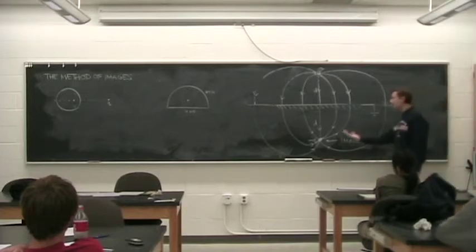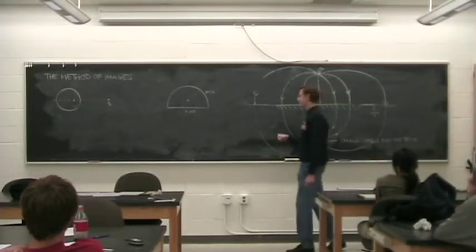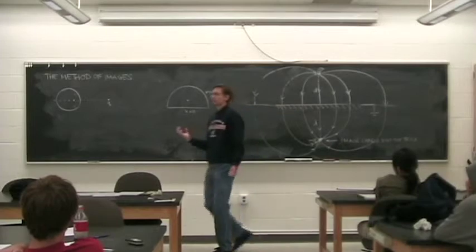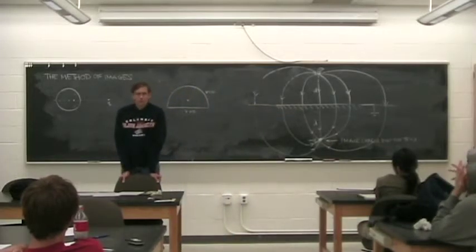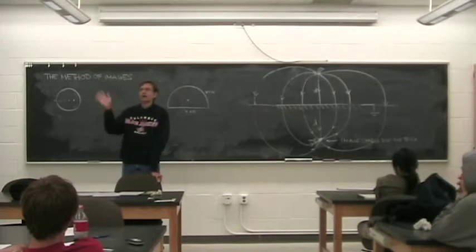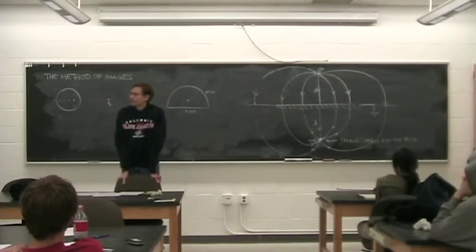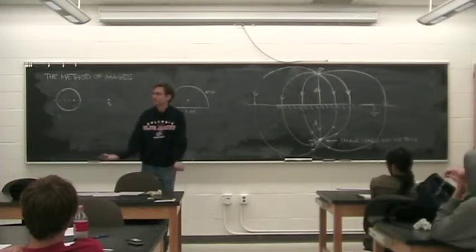So that's the power of the uniqueness theorem, and the power of this imaging solution is, in many situations with sufficient symmetry, if you've got a point charge, you can dream up another point charge that will make the conductor surfaces an equipotential. And if you can do that, it's the only possible solution.